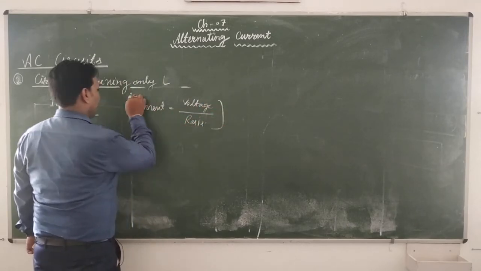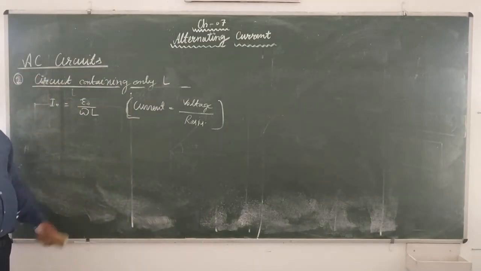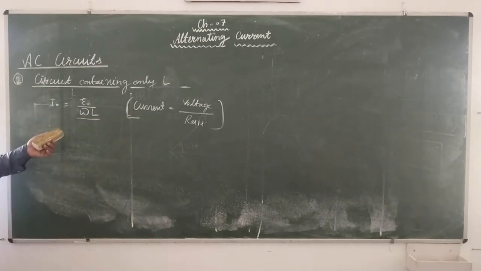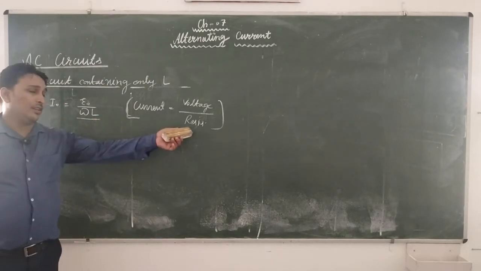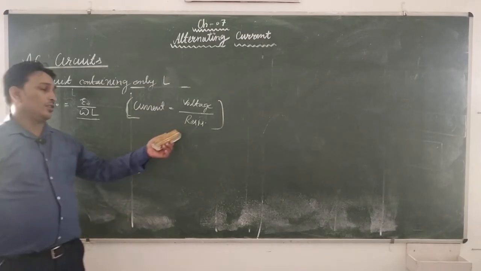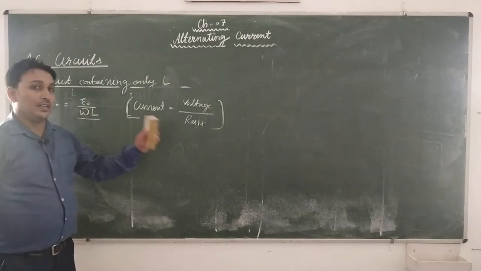This is the standard formula we know, and here we have current equal to voltage upon omega L. It simply means that omega L has the same role to play as the resistance plays in the circuit. What role does resistance have? It obstructs the current. Here omega L obstructs the AC current.